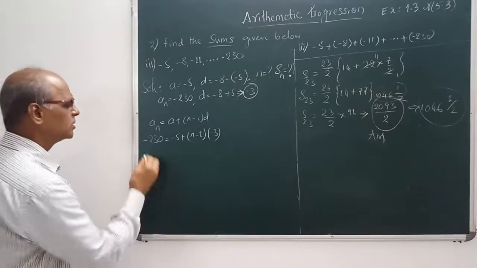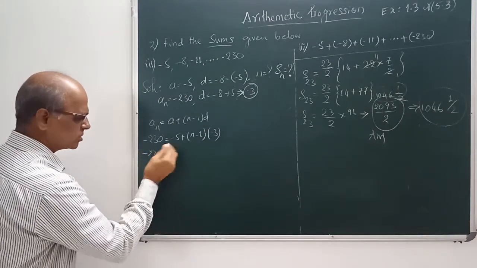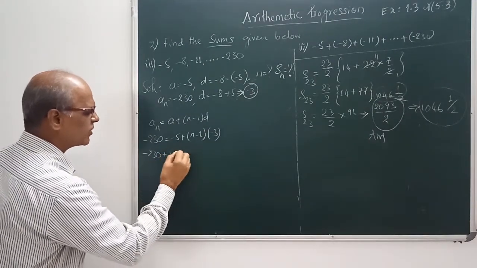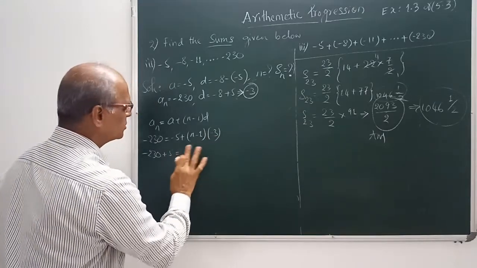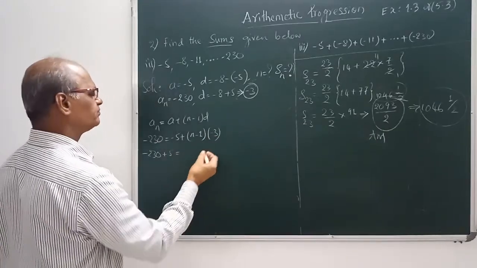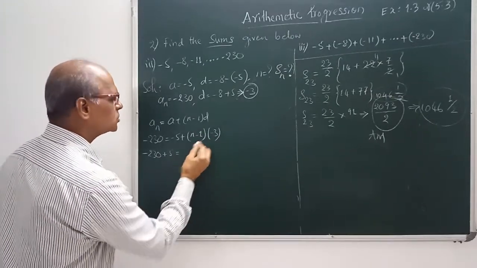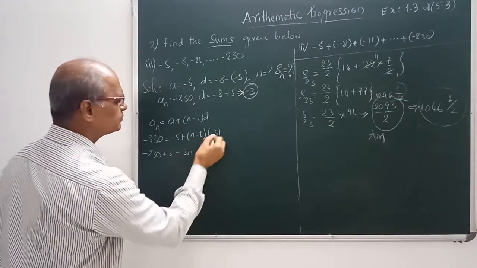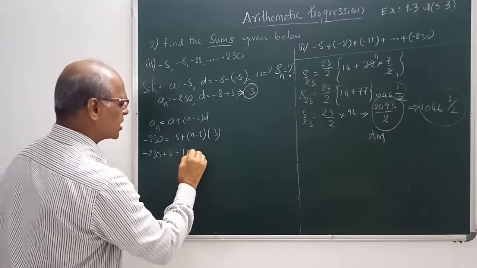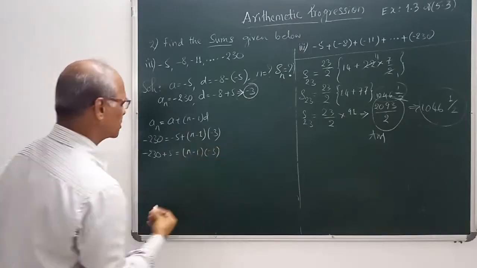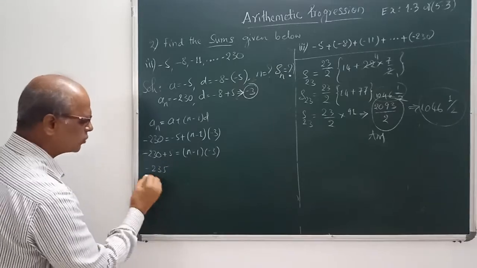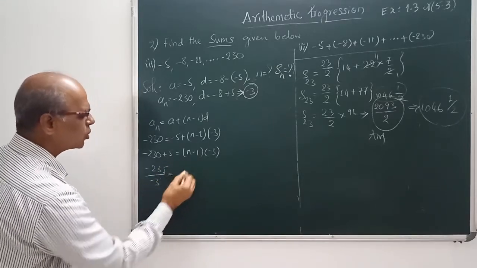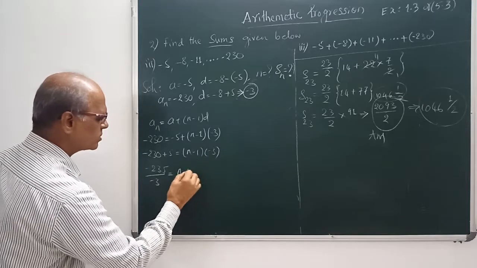We are calculating it. So minus 230, this minus you transpose, it becomes plus 5 is equal to, keep this as it is, or you can even simplify. So here n minus 1 into minus 3, the next step. Here it is minus 235. Bring this down, minus 3 is equal to n minus 1.